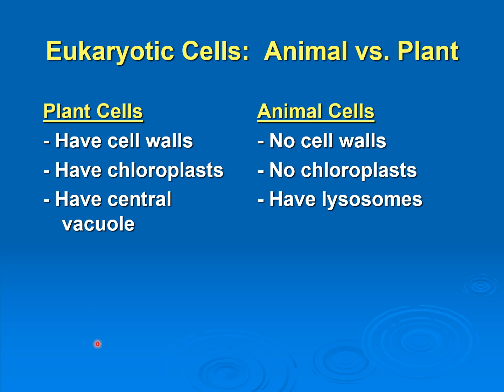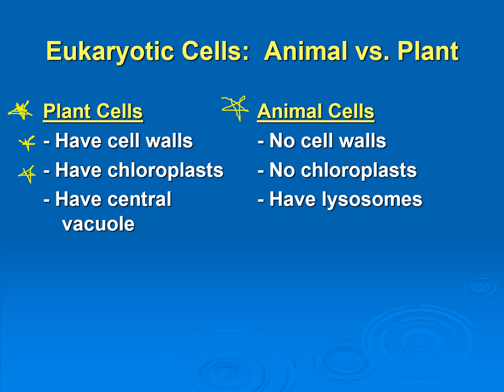Okay, the other thing we're going to take a look at with our eukaryotic cells is the difference between the animal and the plant cells. This would also be good to know for the exam. So what are some of the differences between the plant and the animal cells? The plant cells have cell walls, where the animal cells have no cell wall.